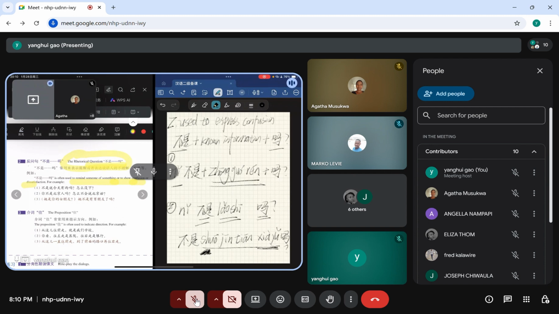If the weather forecast says today will be sunny, but the actual weather is not a sunny day, we can say, didn't they say it would be sunny today? Right? So we can use 不是吗 to say it.